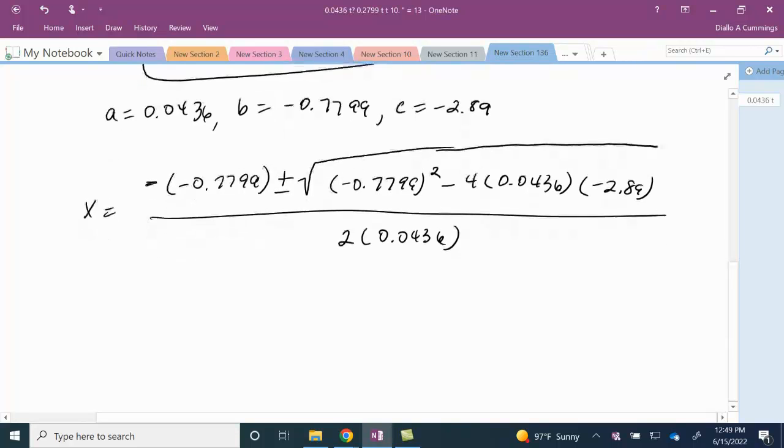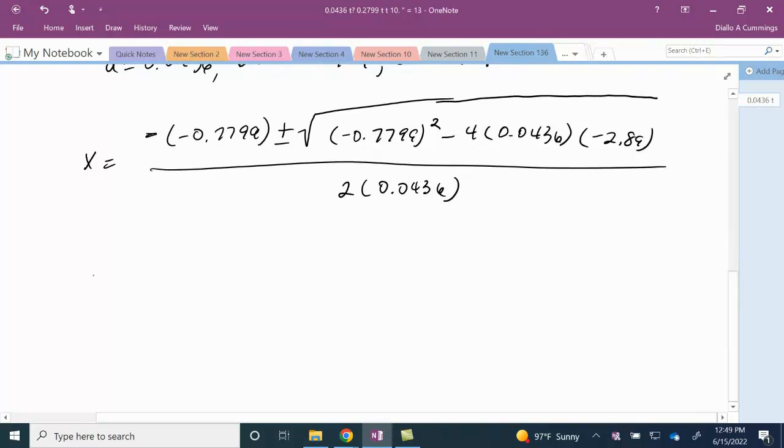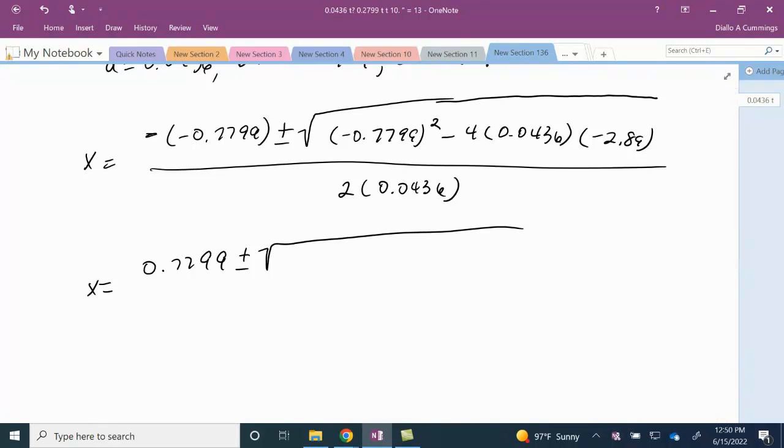Next, we'll combine what's in the square root. So first, I'll rewrite that double negative as a positive. So we have x is equal to 0.7799, I'm going to take the square root of negative 0.7799 squared, and we have 0.608.